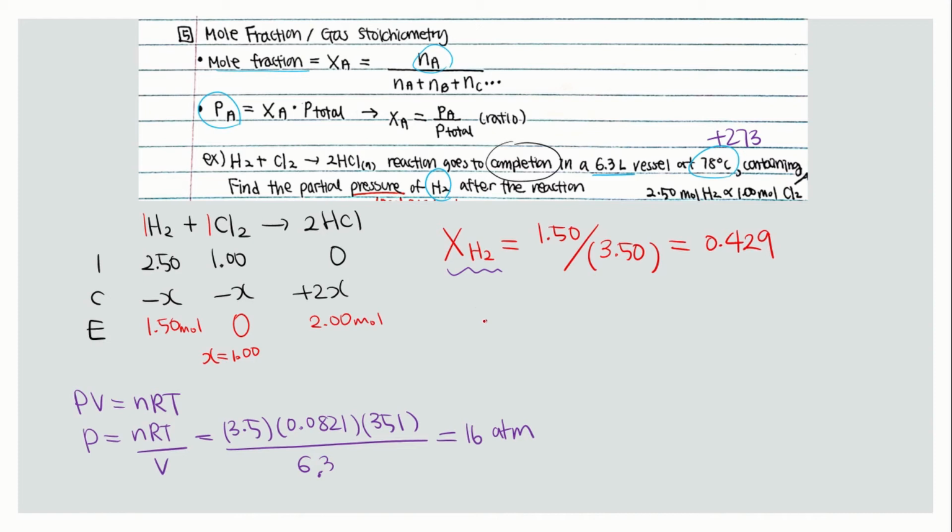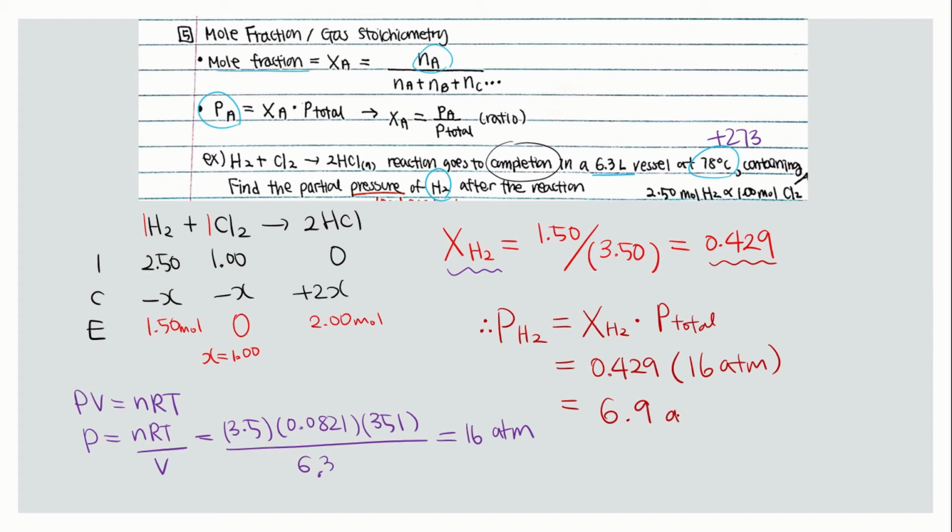Therefore, partial pressure of H2 will equal the mole fraction of H2 times the total pressure, which is 0.429, which we got over here, times the total pressure, which was 16 atm, which equals 6.9 atm. That is our answer.